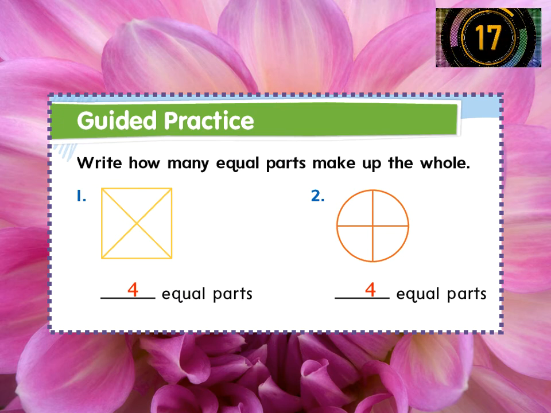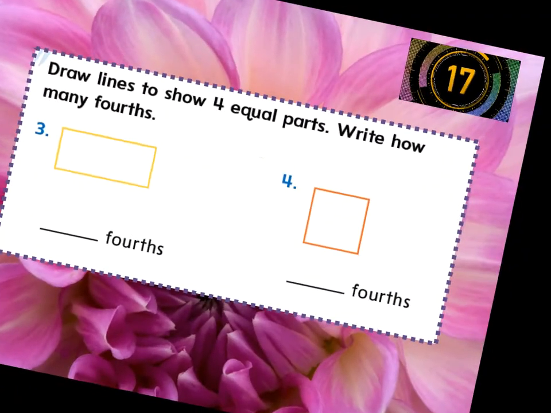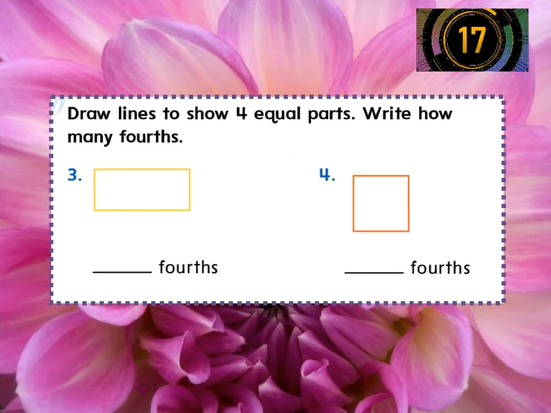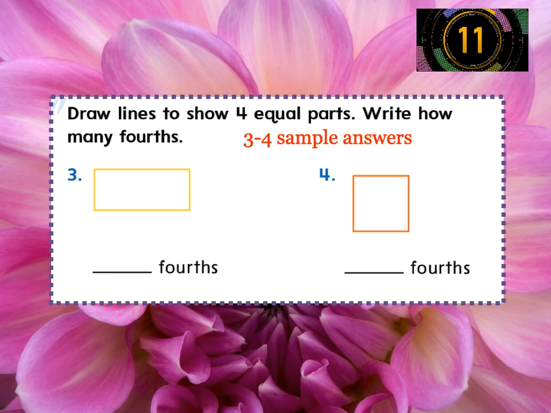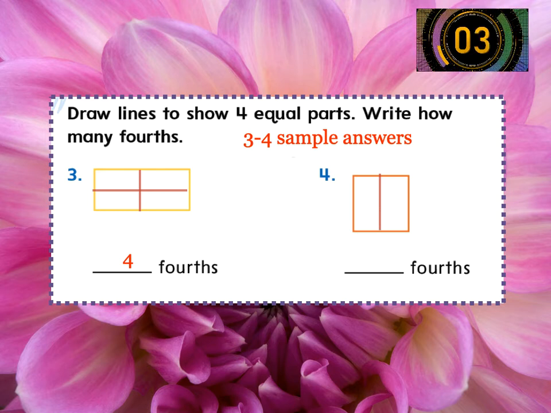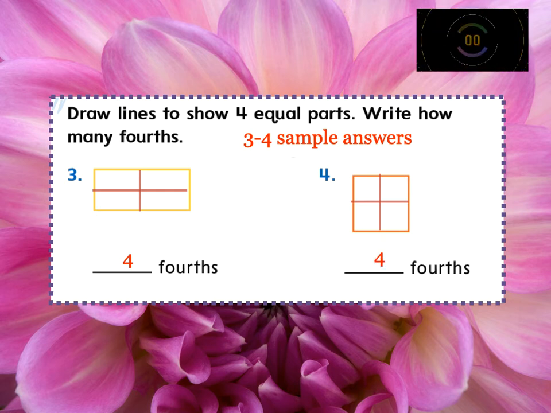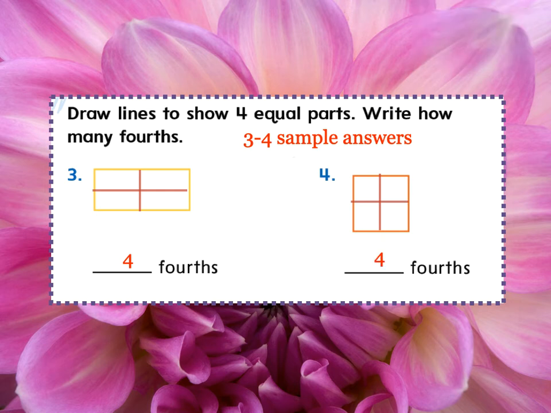There are 4 equal parts. Good job. Draw lines to show 4 equal parts. Write how many fourths. So there are 4 equal parts, or there are 4 fourths. And number 4, there are 4 fourths also. Excellent, kids.